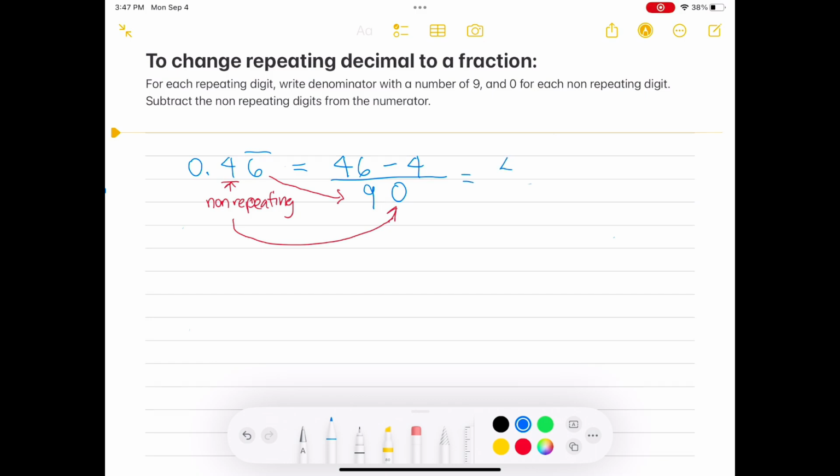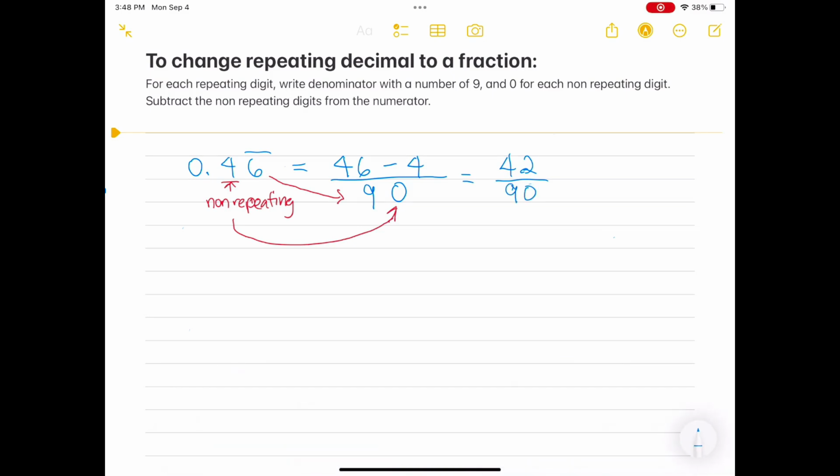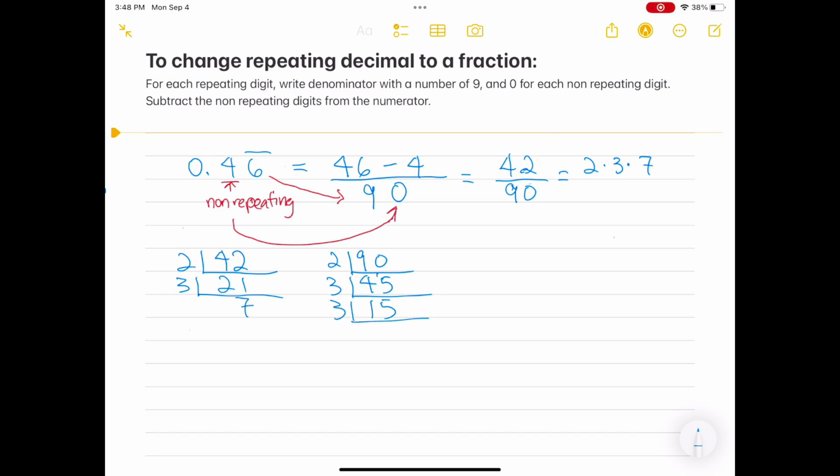The fraction is 42 over 90, which we can simplify because those are both even numbers. So we do a prime factorization of 42, and we get 2 times 3 times 7. And then we do the prime factorization of 90, which gives us 2 times 3 times 3 times 5.